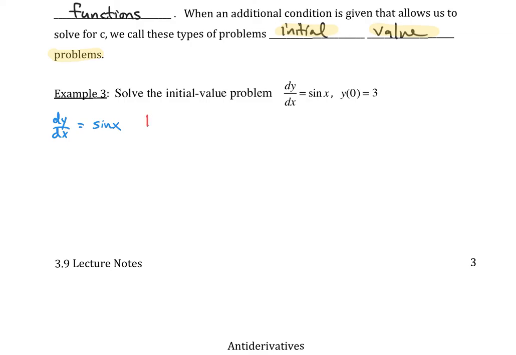How am I going to do that? I'm going to look for the antiderivative of sine of x. So y is the antiderivative of sine of x. In other words, we are taking the antiderivative of both sides.